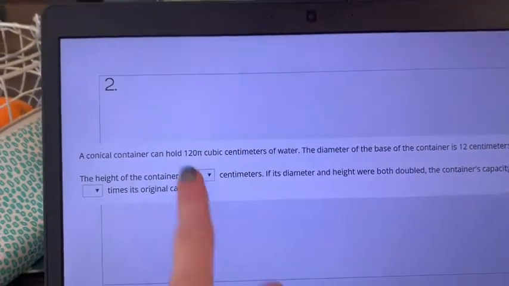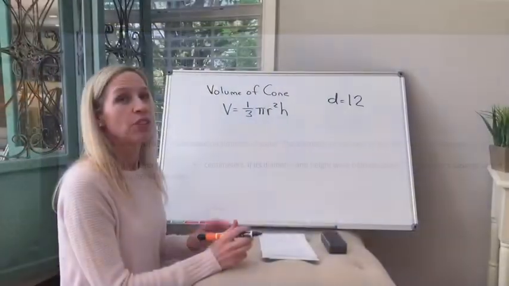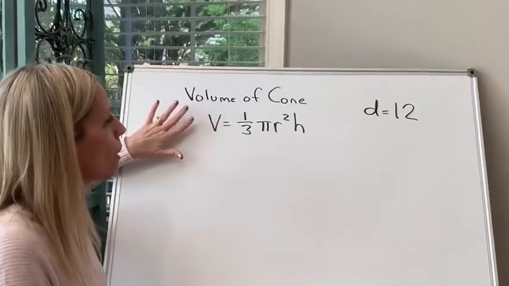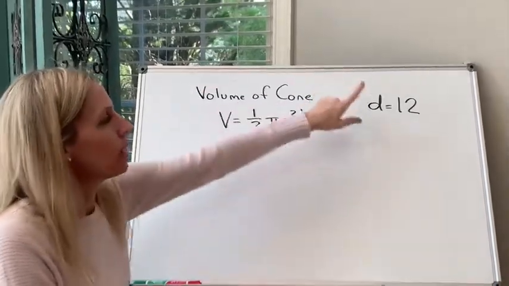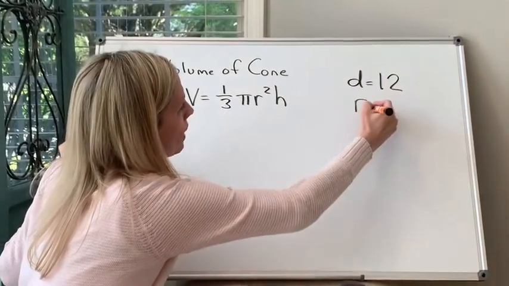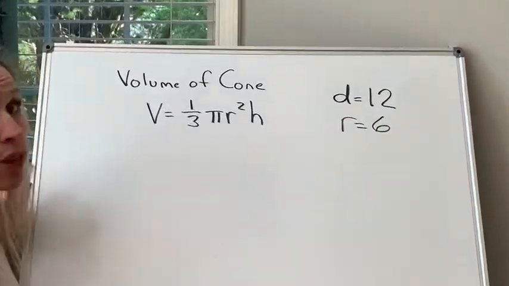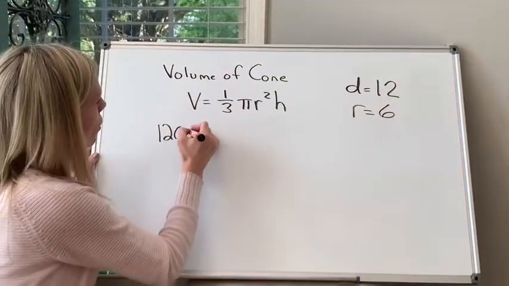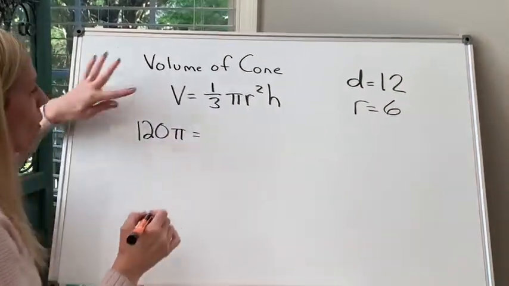And so first thing we're going to do is find the height. Okay, so we want to use our volume for the cone again. V is equal to 1/3 pi r squared h. They tell us the diameter is 12, so that means we know that the radius is 6. For this one, they told us the volume. It is 120 pi. So go ahead and plug that in where the V would be.